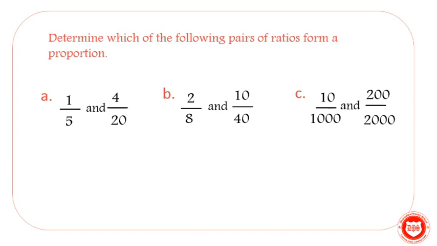Okay, are you done, students? Have you got which pairs of ratios are forming proportion here? Yes, let's try example A. 1/5 is equal to 4/20.